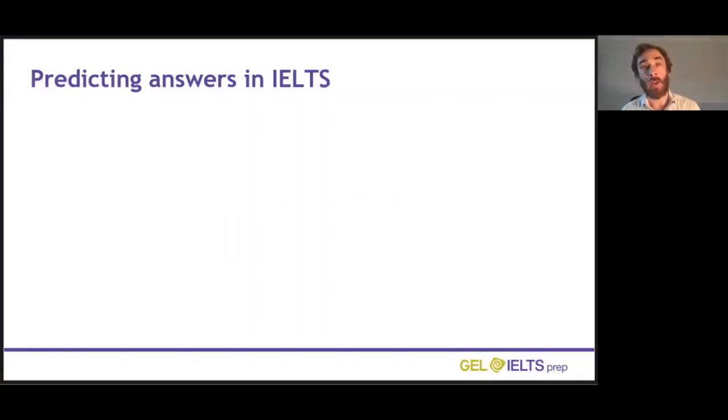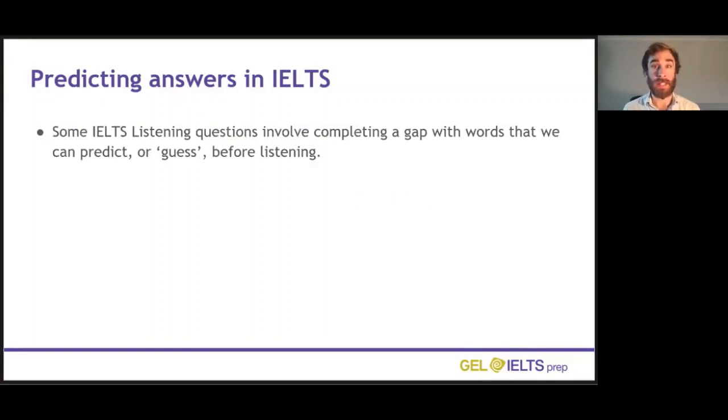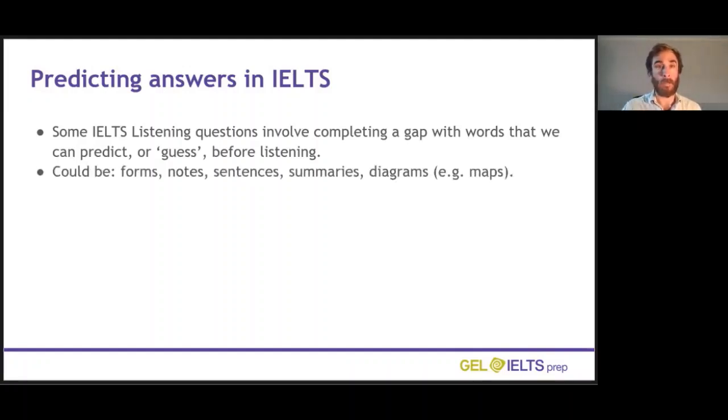So, what do we mean when we say predicting the answer? In the listening test, there will be several types of question where you need to complete a space with a word that you hear from the listening. When we predict the answer, we look at that space before we listen and we try to guess what kind of answer it could be.